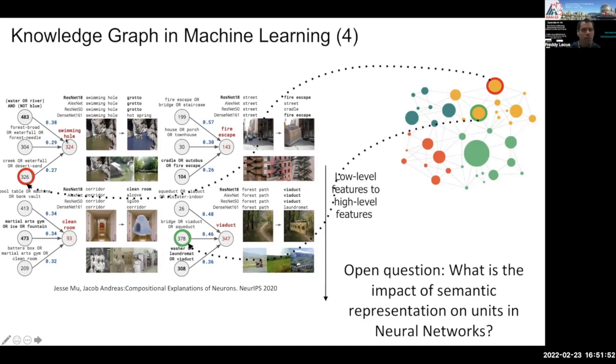So what now if you do have graph representations on top of units? Here is the paper I mentioned, which was published a year ago, and it takes a neural net architecture. The examples are ResNet 18, AlexNet, ResNet 50, DenseNet 161. And I think it's probably layer 4 over here. You have the unit ID and which concept, or which conjunctions, negations or disjunctions of concepts, or compositional expressions, is captured.